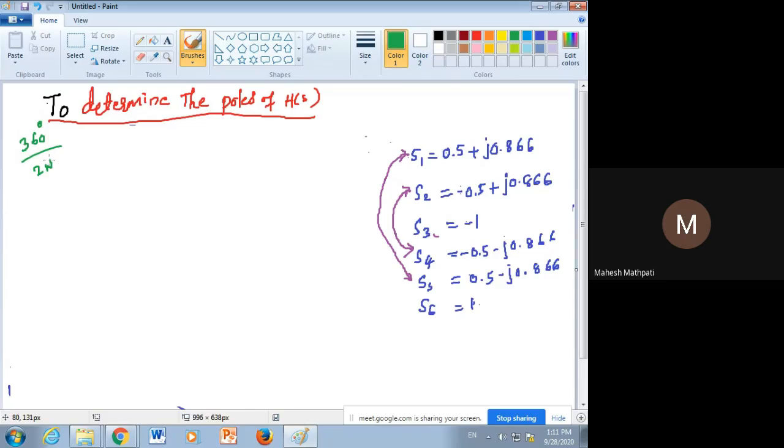It is found that the angular separation between the poles for a Butterworth filter is given by 360 degree divided by 2n, which in this case is equal to... कितना होता है अभी?